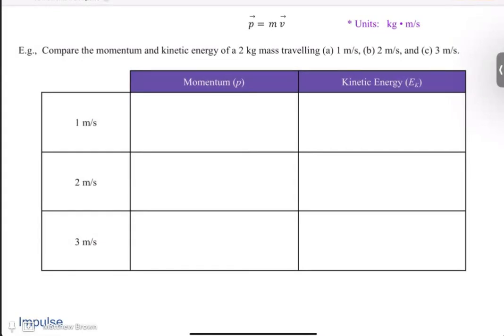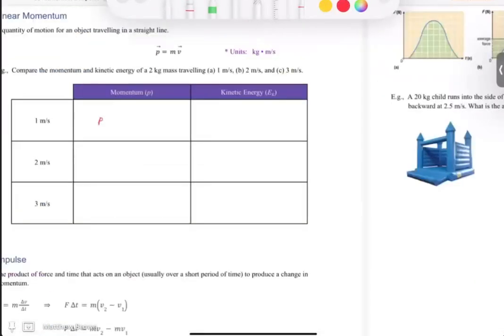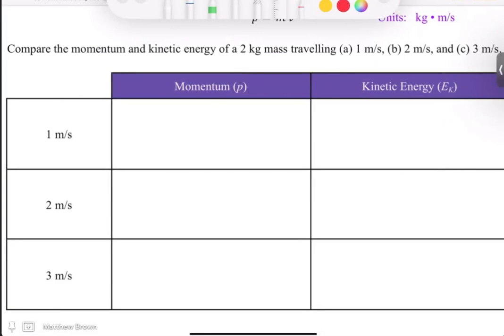So a simple example: compare the momentum and kinetic energy of a 2 kilogram mass traveling at 1, 2, and 3 meters per second. You could do this along with me. If we look at the 2 kilogram mass going 1 meter per second, P equals the mass, 2, times 1, so that just equals 2.